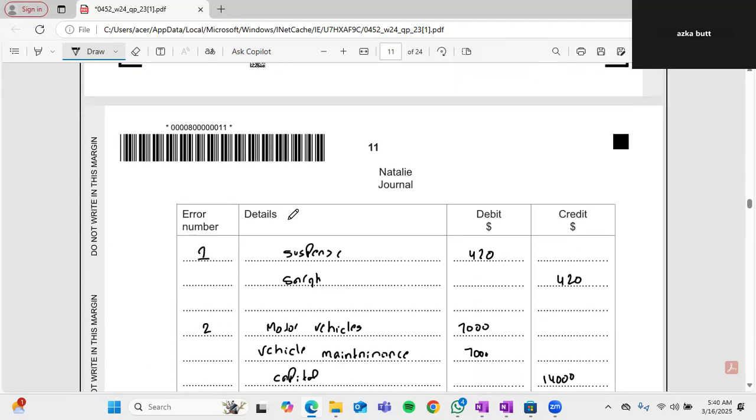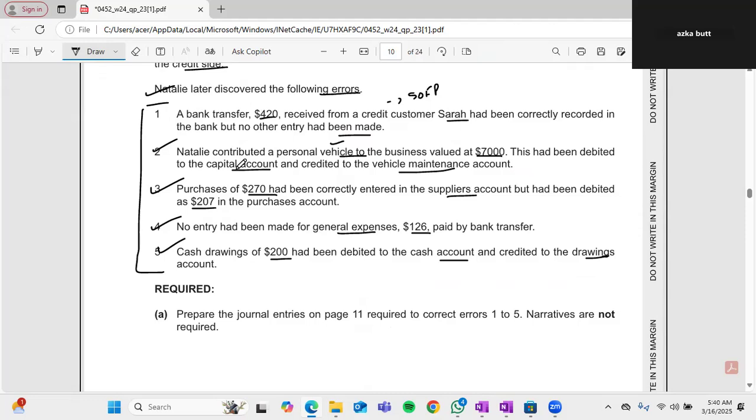Now let's see error 2. Netly contributed a personal vehicle to the business valued at 7,000. This had been debited to the capital account and credited to the vehicle maintenance account. Since we credited the vehicle maintenance account, we have decreased the expense. We understate the expense. Vehicle maintenance account is an expense, and you have decreased the expense account.